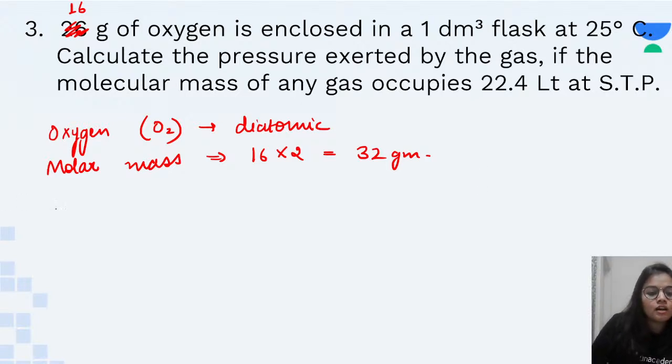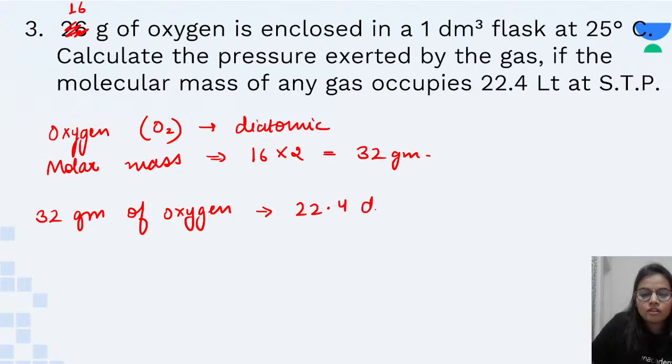Now, we have been told that the molecular mass of any gas occupies 22.4 liter at STP. So that means 32 gram of oxygen occupies 22.4 dm cube at standard temperature and pressure.